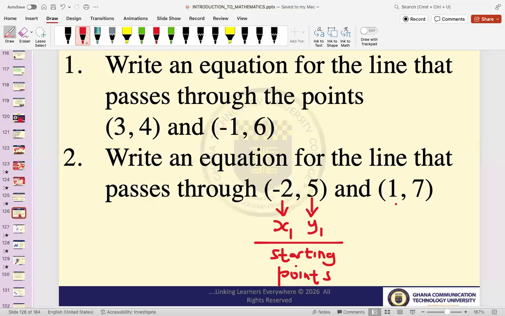Then we come to the second set. This is your x2. This is your y2. And these are the ending points.